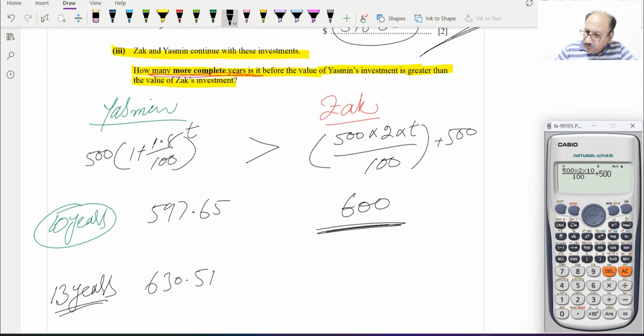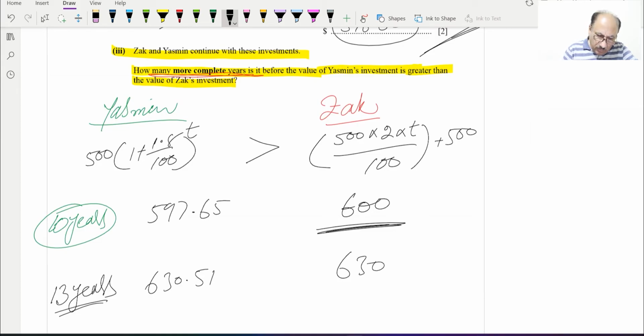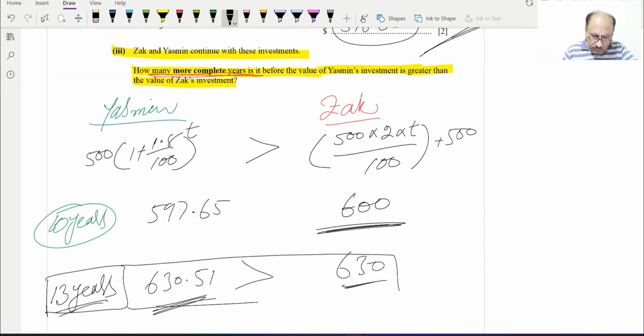Simple interest will be equal to 630. So you can see now this side is bigger than this side. If you check for 12 years, that will not satisfy the inequality. So the first term which satisfies the inequality is 13 years.